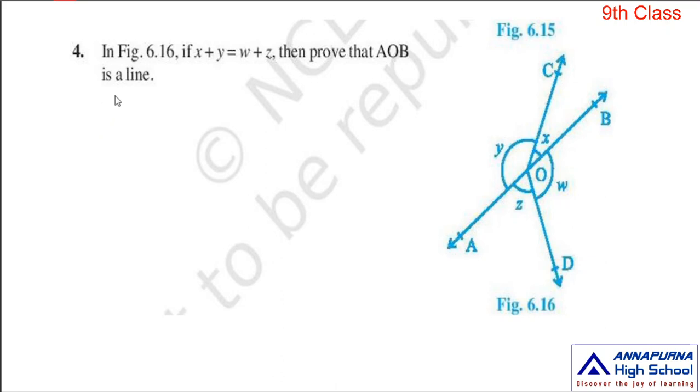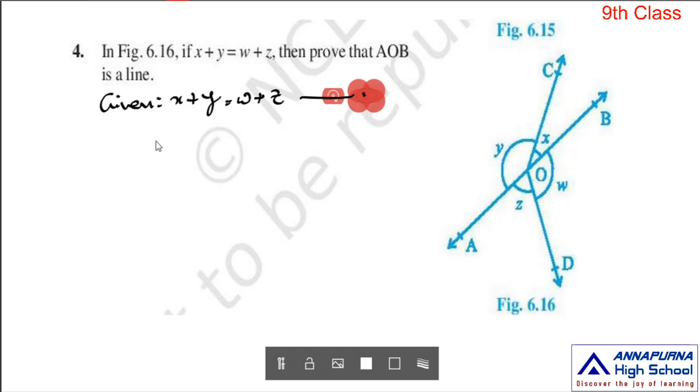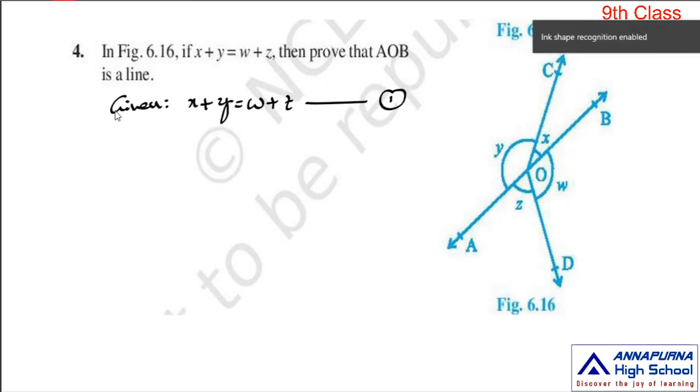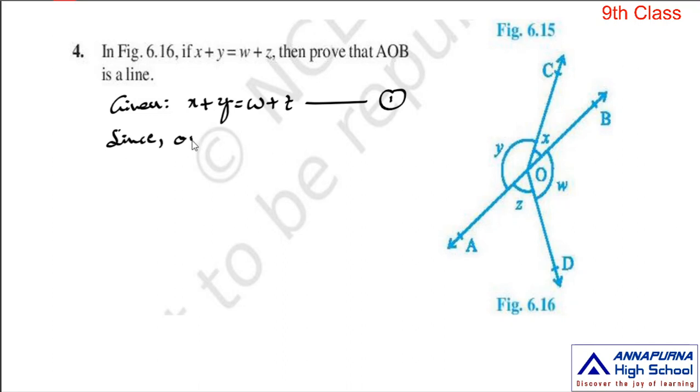Start the solution. Given x plus y is equal to w plus z. This is equation number 1. We have to prove that AOB is a straight line. Now, one complete rotation is equal to 360 degrees.